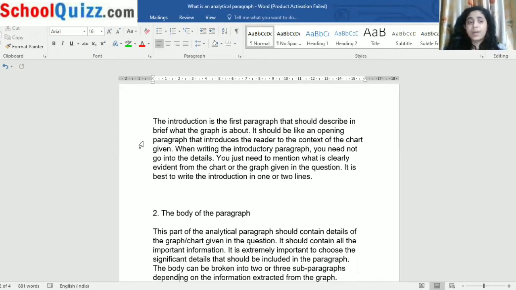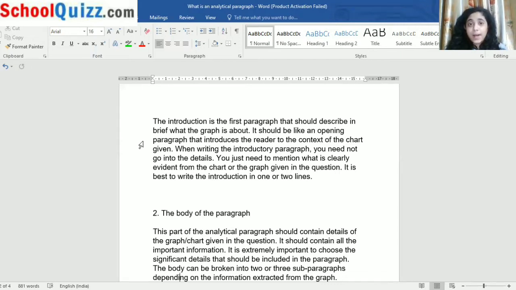In a formal letter, what we do is, I'm this, and I wanted to inquire about this. Like that we start. It means we start with what this passage is about too. Same as that, in the introduction paragraph we write a brief description of what this passage is about. It should be like an opening paragraph.